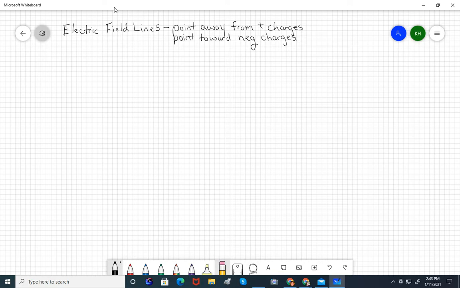So if I had a positive charge here and a negative charge here, the electric field lines, I'm going to draw those in blue, would point from the positive toward the negative, and they'd kind of bow. They always point towards, so we can draw some more, some real curvy ones.